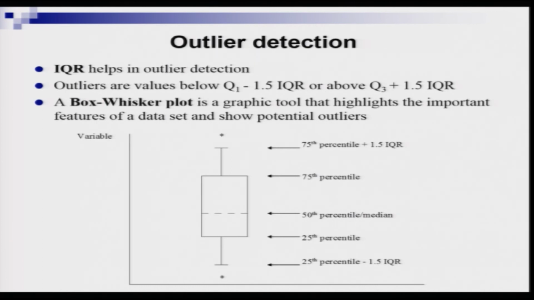Now, note that at the two extremes along that vertical line, again there are two lines parallel to the x axis.